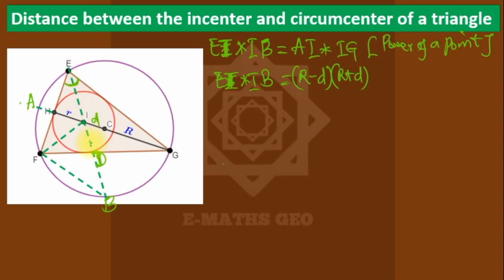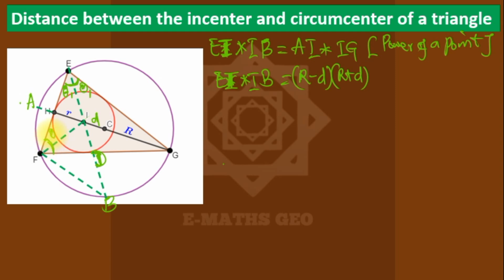So we can see that ED is an angle bisector, yes, because it passes through the incenter. So the angle here, if we call it theta 1, here is also theta 1. And FI is also an angle bisector since it passes through the incenter.